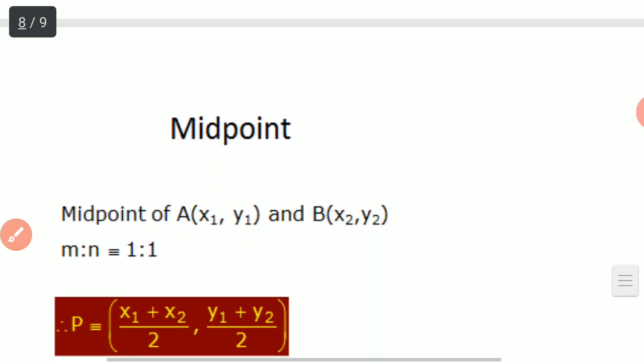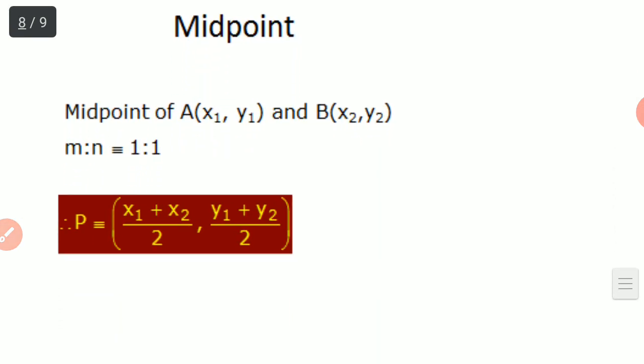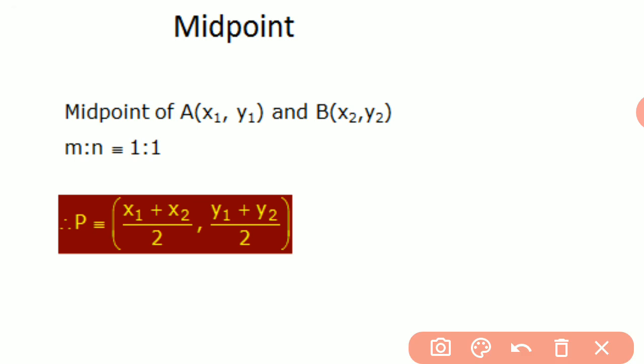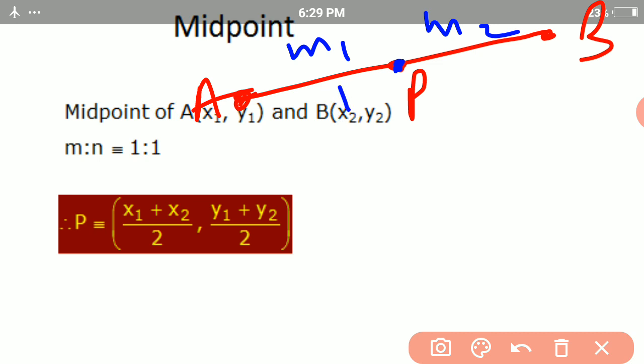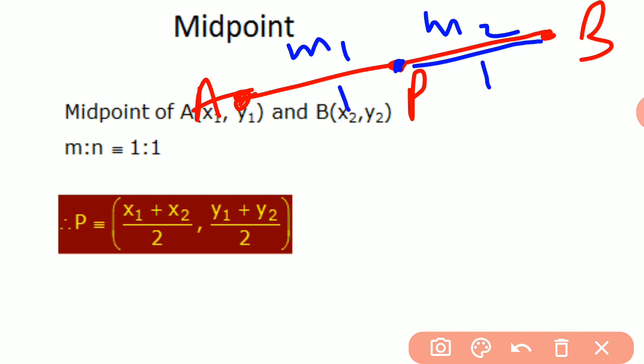Now, using the section formula, one important result is the midpoint. Suppose this is point A and this is point B, and a point P divides it in the middle. Suppose P is the midpoint, then m1:m2 will be 1:1. These two distances will be equal.